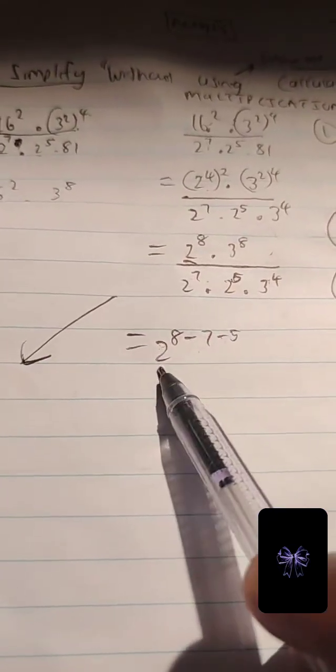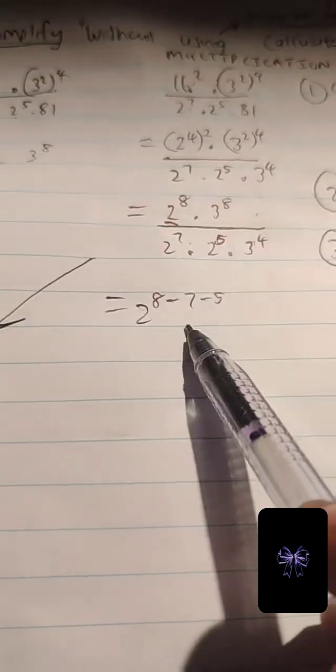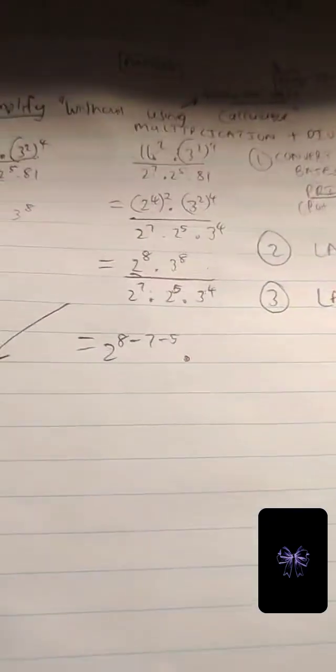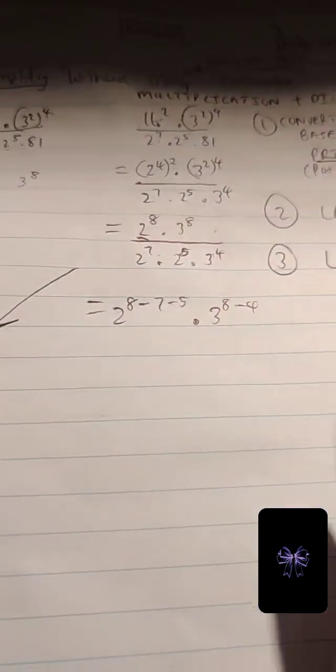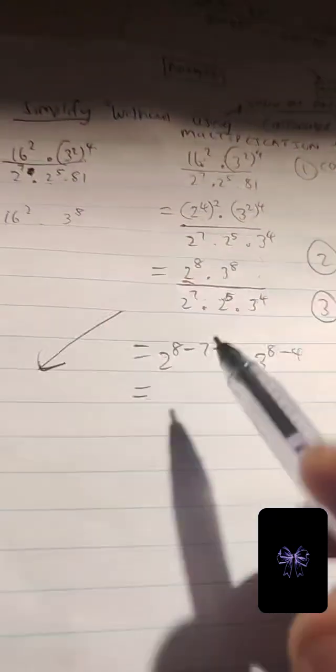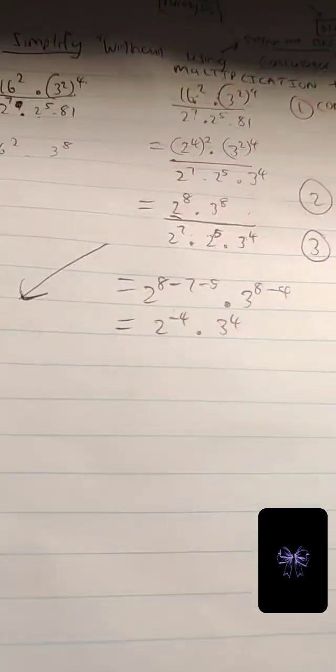That's the collection of all the exponents for base 2. Make sense? Times 3. 3 to the power 8 already on top. 4 joins, minus 4. So you do it all in one and it just makes life easy that way. Then you do your calculation. 8 minus 7 minus 5 is 2 to the power negative 4, times 3 to the power 8 minus 4, that's 3 to the power 4.